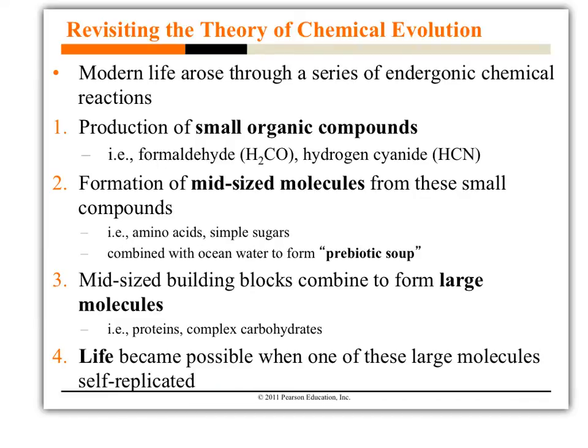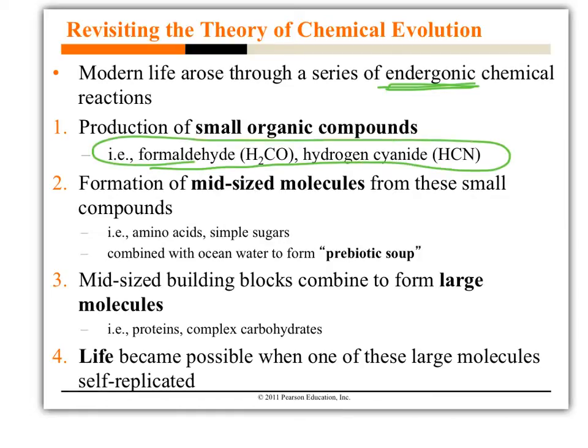We're talking about proteins. This brings us back to the theory of chemical evolution, where we left off in class, where it's a series of endergonic reactions. Remember endergonic? Production of small organic molecules, right? This happened in the primordial soup, with electricity and solar energy causing formation of small compounds.